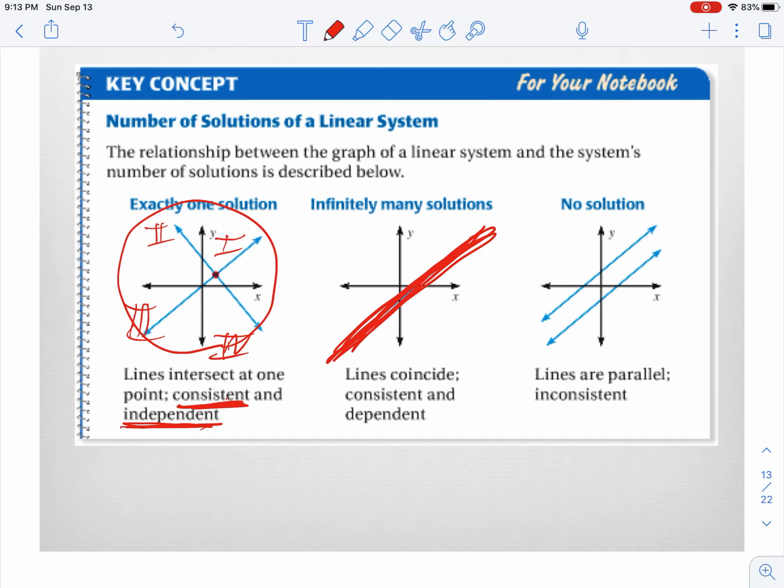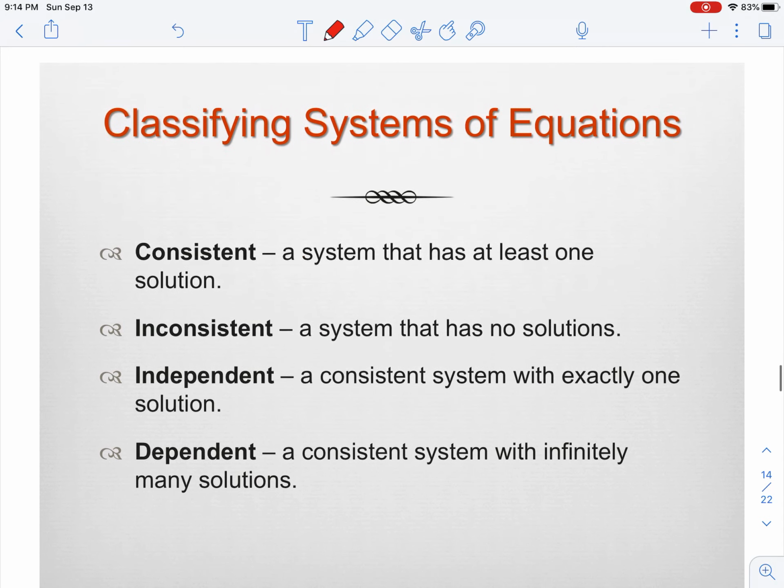They intersect all over the place, so we call them consistent, but they're dependent on each other because really it's the same line. And the third type of system of equations is where two lines are parallel. If two lines are parallel, they never meet, and so they are independent lines, but they are not consistent because they never meet.